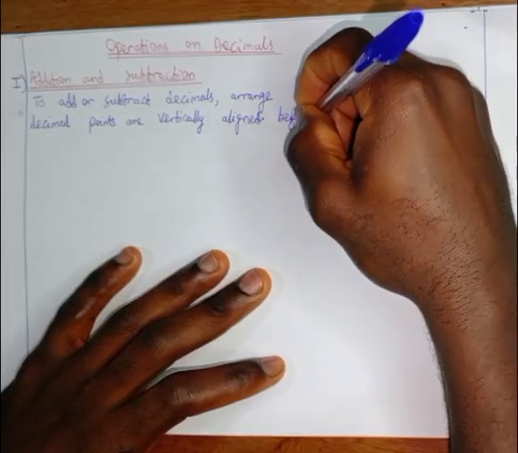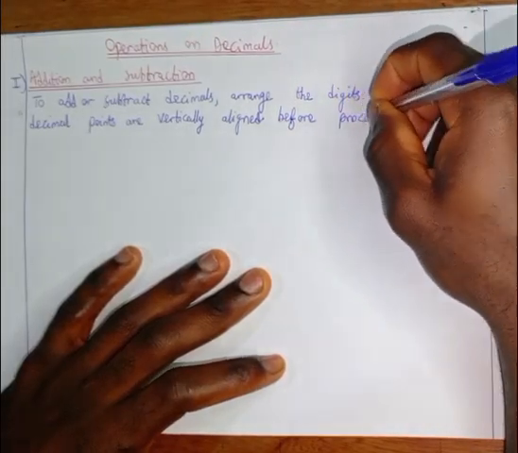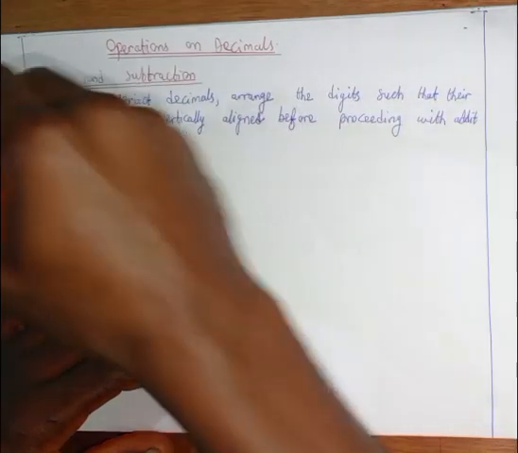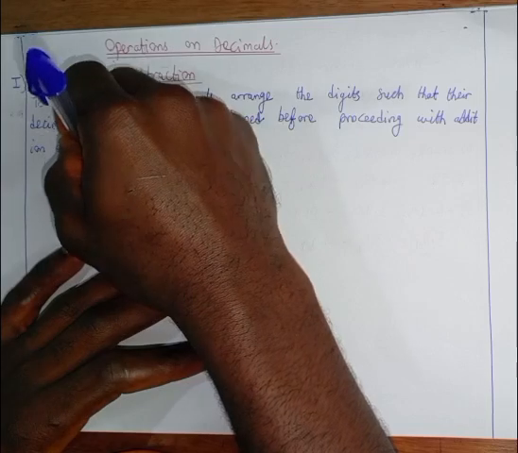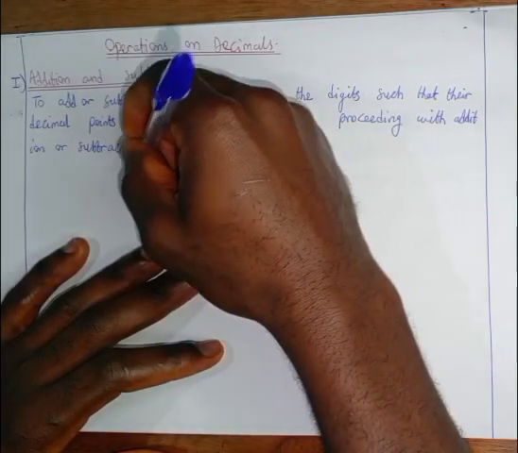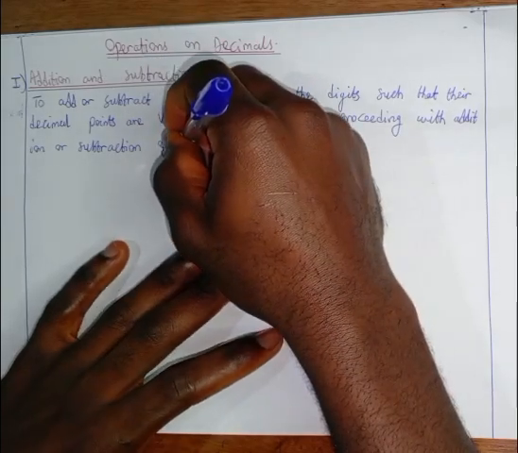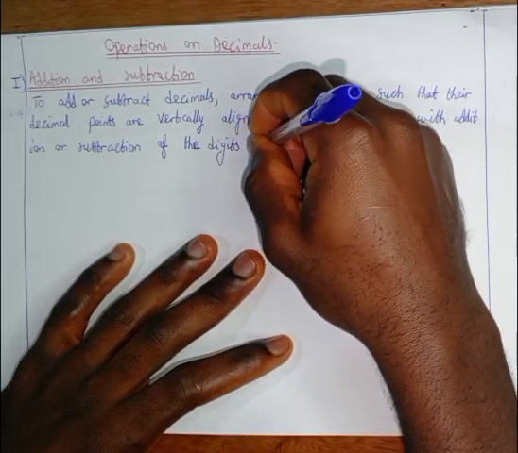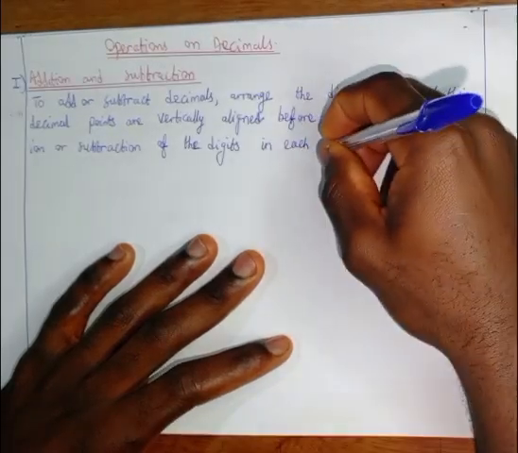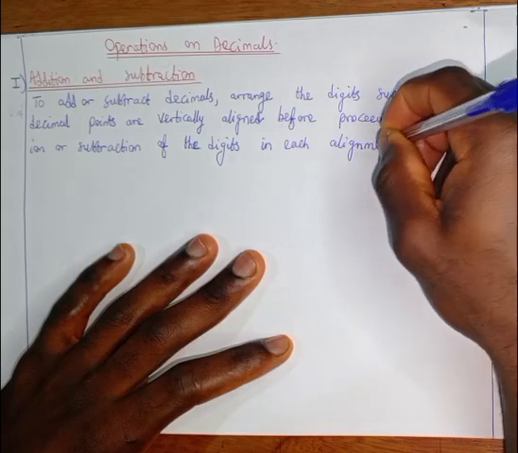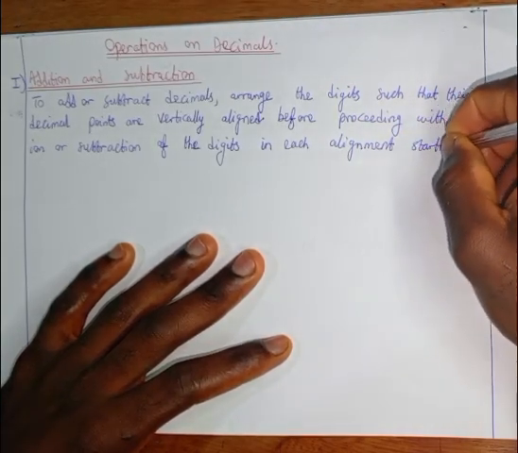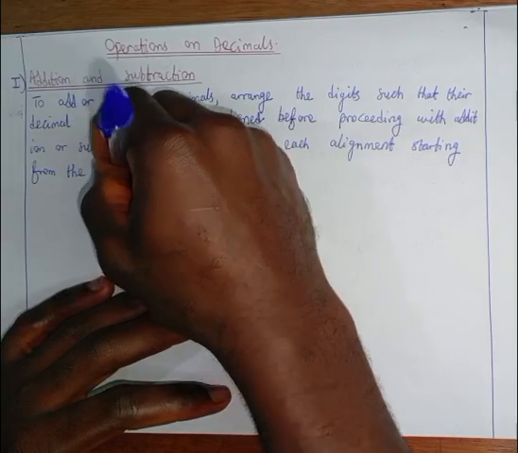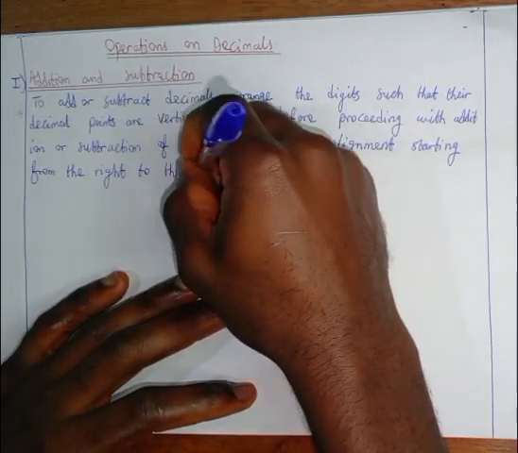Before proceeding with addition or subtraction of the digits in each alignment, start from the right to the left.